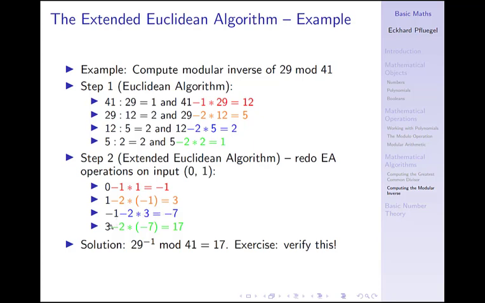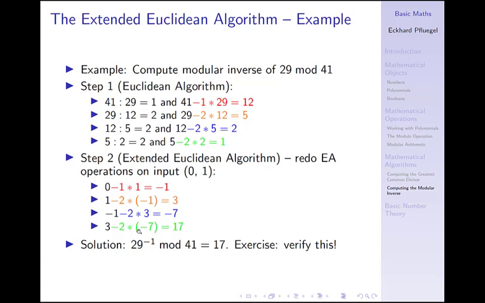One more row, copy the 3 over to become the first input, and take the -7 to become the second argument, and copy the -2 from here, which gives 3 minus 2 times -7. -2 times -7 is actually plus 14. So we get 3 plus 14 is 17.